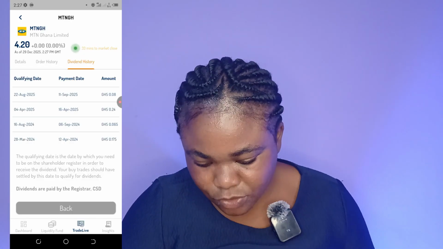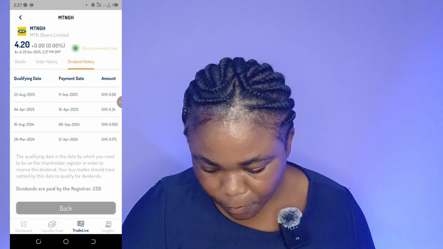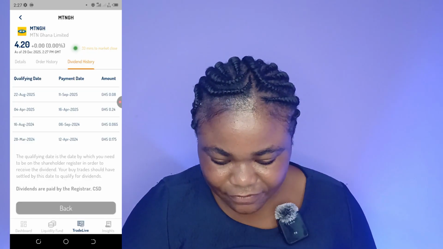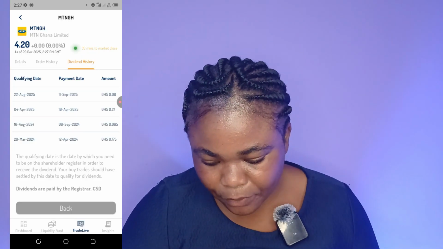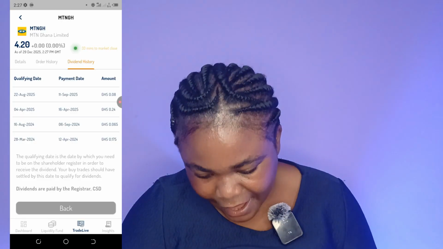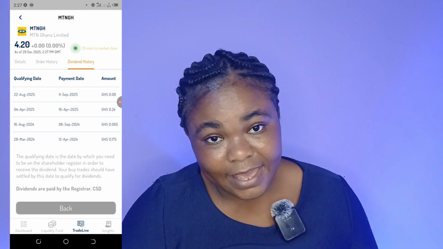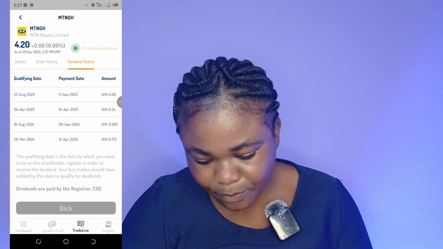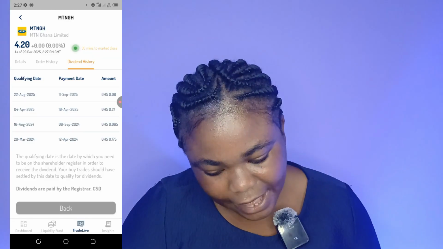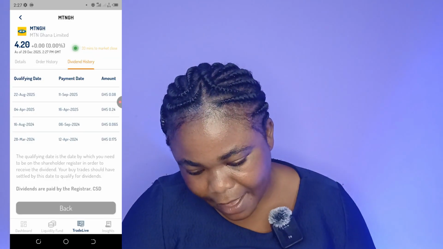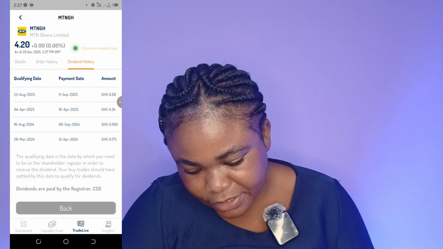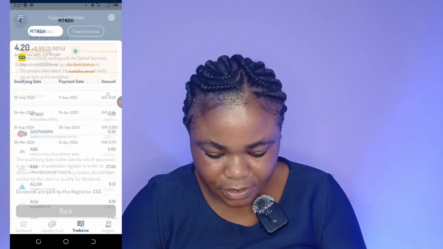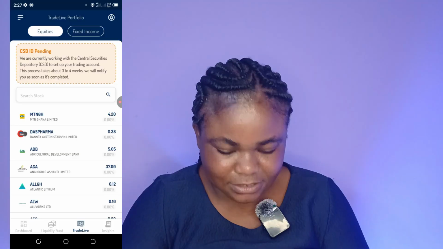On 28 March 2024, they paid a dividend of 0.175, and on 16th August 2024, they paid 0.065. This year, 2025, on 4th April, they paid a dividend of 0.24, and from 22nd August to 11th September, they paid 0.08 dividend. So you have to know the companies that pay a dividend.